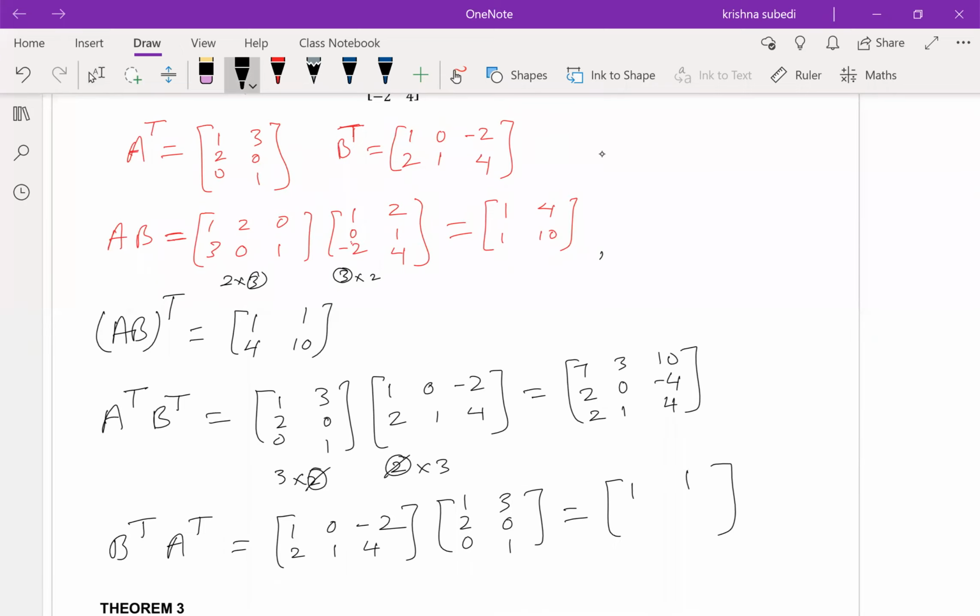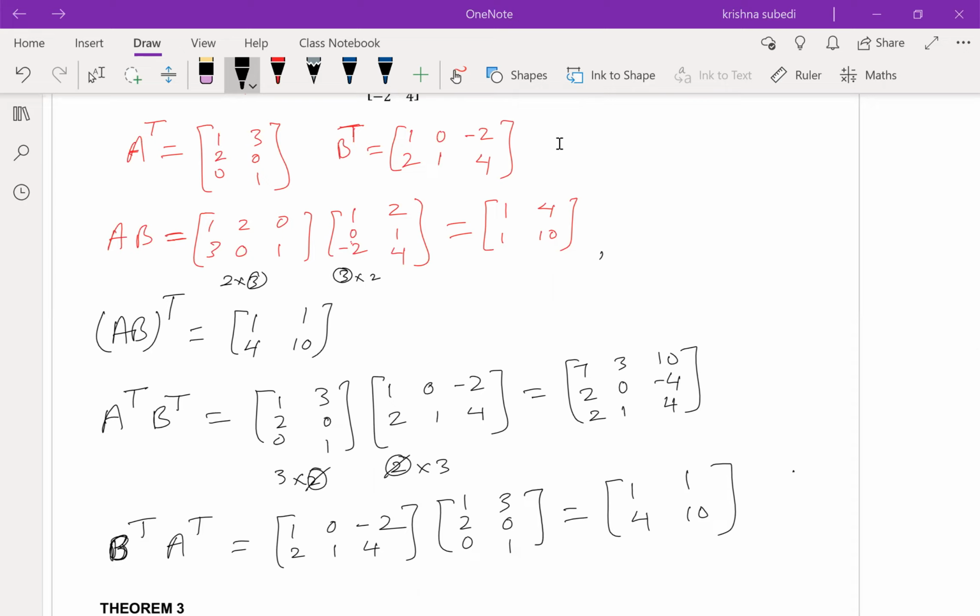And 4 and 10 in the second row. Let me check in the chat room what they have to say. Got the same: Sandeep, Grace, Kyung, Go, Tong, Sian. All of you got the same one. That means it must be the correct one.